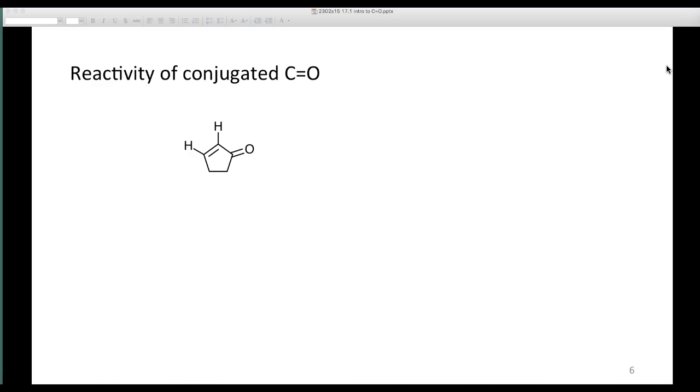Reactivity of a conjugated C=O is going to pull all these concepts back together again, because we can look at that resonance contributor. We now know that there's going to be an electrophilic carbon there and an electrophilic carbon there. So there's two places a nucleophile can attack.